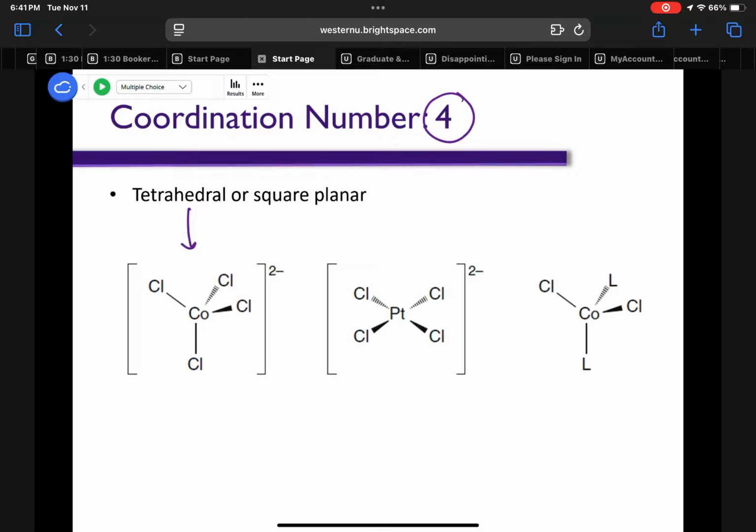And in some cases, we certainly have that. However, it's also possible that we could have a square planar arrangement, which means we probably have some non-bonding electrons in there, but it's hard to predict. If we just know that the coordination number is 4, can we predict whether it's square planar or tetrahedral? Not really. We have to experimentally determine that for coordination complexes.